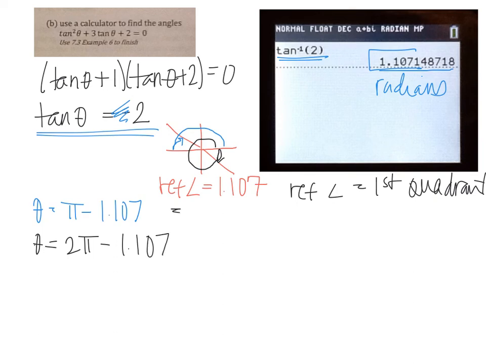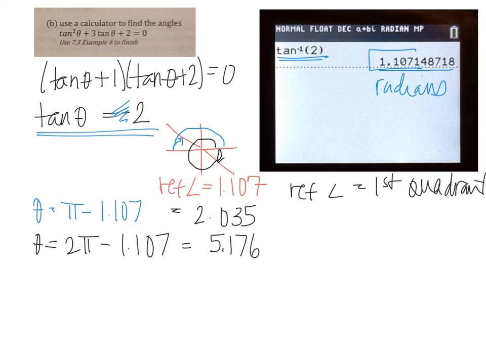And then you're going to use your calculator to finish off the rest of the solution. So let me do that real quick. One of your answers should be 2.035, and the other answer should be 5.176.